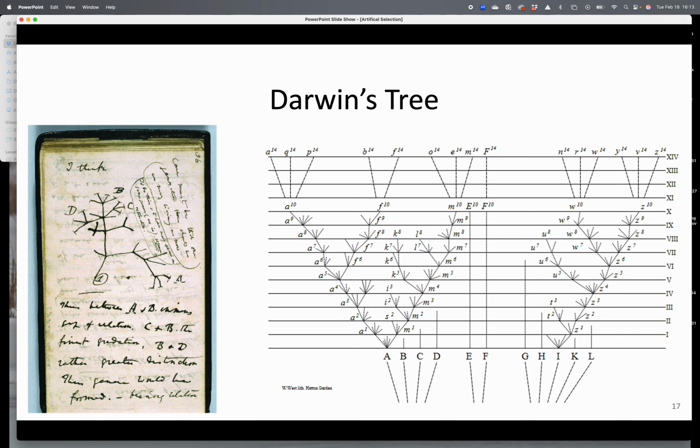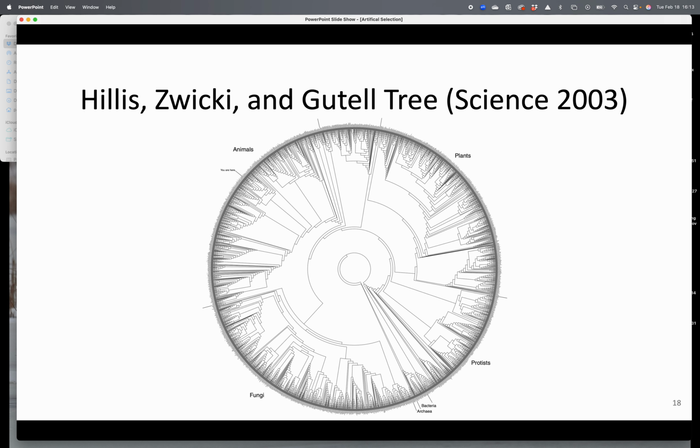Here's the figure that finally ended up in Darwin's book, The Origin of Species. And you can see that there are extant species here at the top, and you see some lineages that just basically went extinct over time, and these are the ones that ultimately survived. And so Darwin was the first person who came up with this idea that populations get split by natural selection into two subpopulations that then go off on their own evolutionary trajectories.